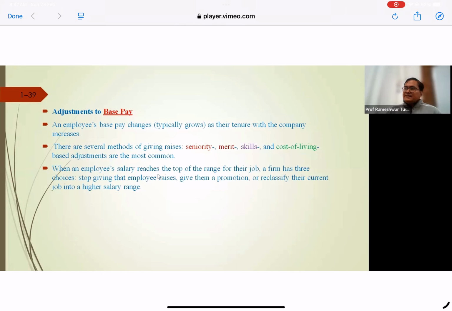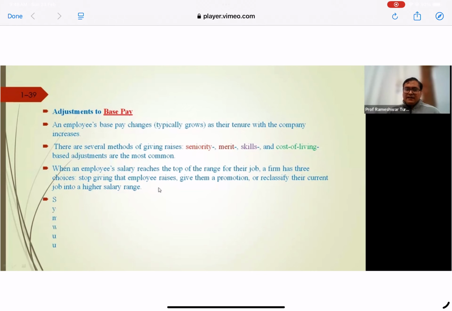When an employee's salary reaches the top of the range of their job, a firm has three choices: stop giving the employee raises, give them a promotion, or reclassify their current job into a higher salary range. That is then promotion and then again changes.